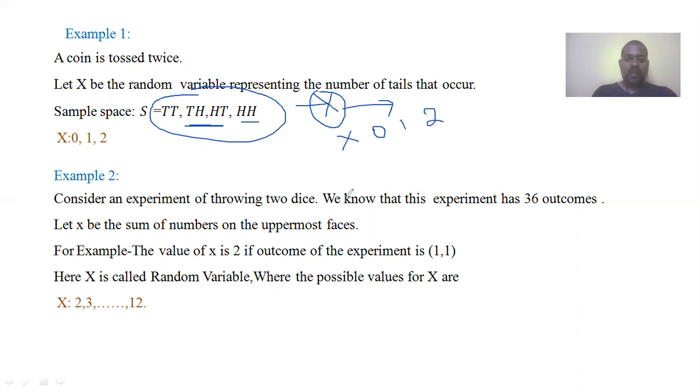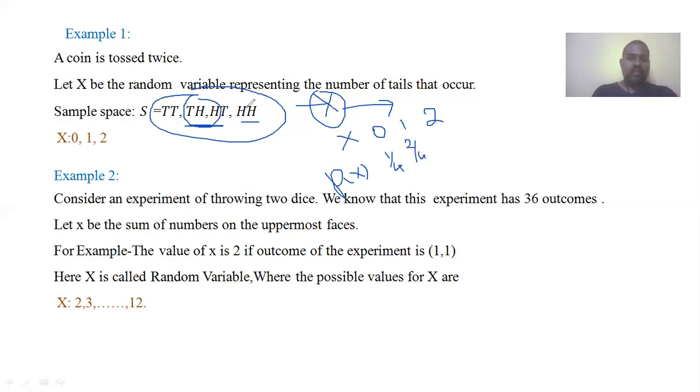And then we can write the respective probabilities, probability of x. Getting 0 heads, that is no heads, is 1 by 4, because out of 4 combinations there is only one combination, tail tail. Getting one head, that is head tail and tail head, two combinations, so the probability is 2 by 4.